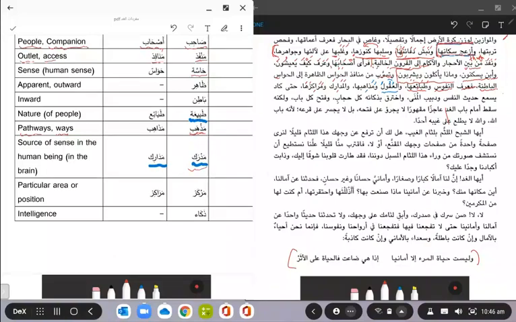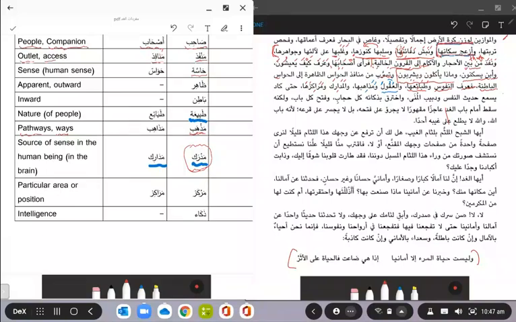What do you think are the root letters of this madrak? Dal, Ra, and Kaf. You know daraka?